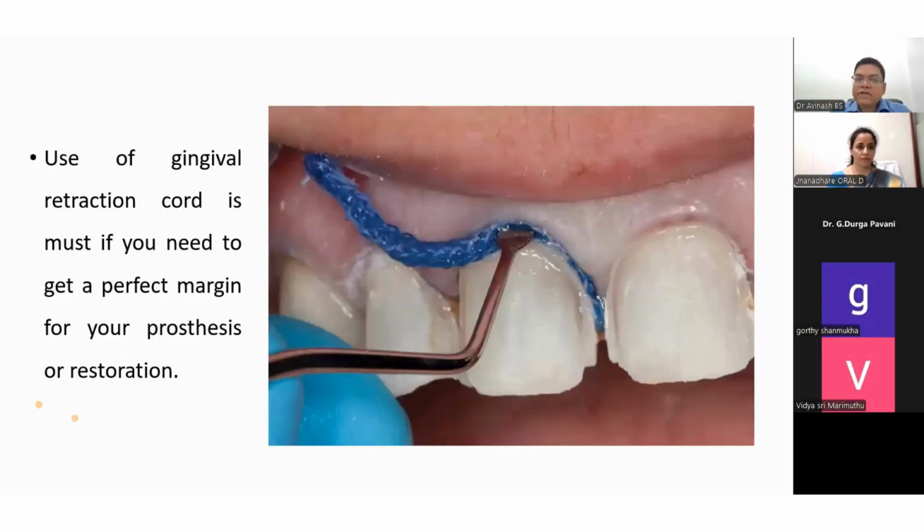And also use of gingival retraction cord even while preparing the tooth for crown is advisable so that the finish line would be good and you will not have any gingival or periodontal complications later on.